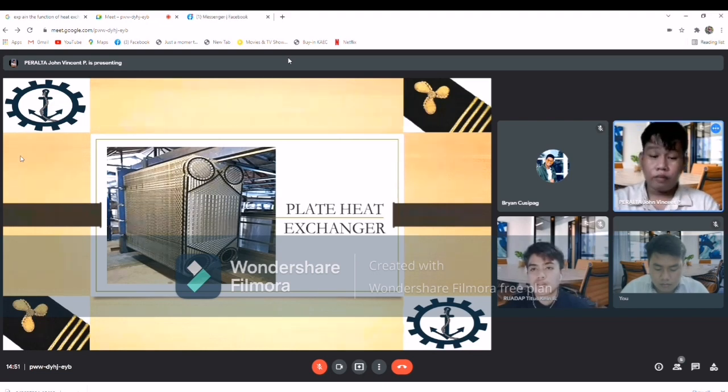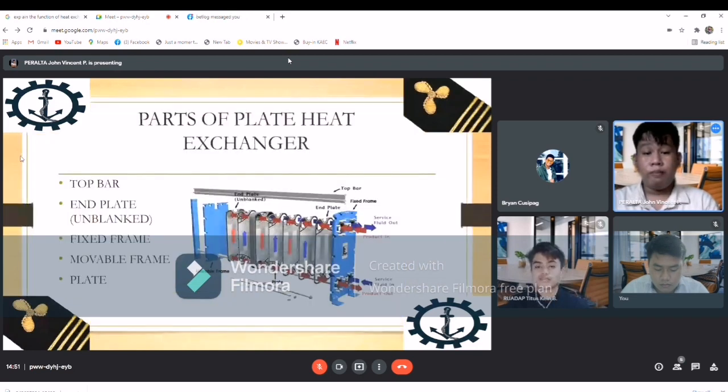So, the parts of the plate heat exchanger. The first one is the top bar. It is the upper part of the plate heat exchanger. As you can see, sir, the bar above our heat exchanger is the top bar.